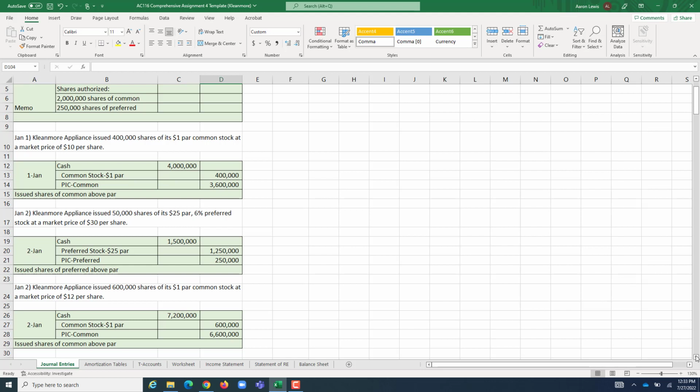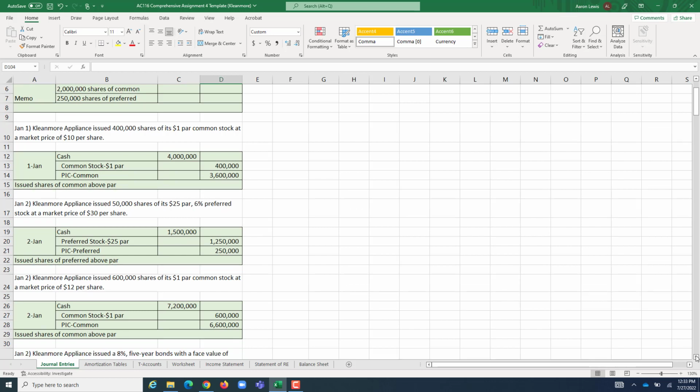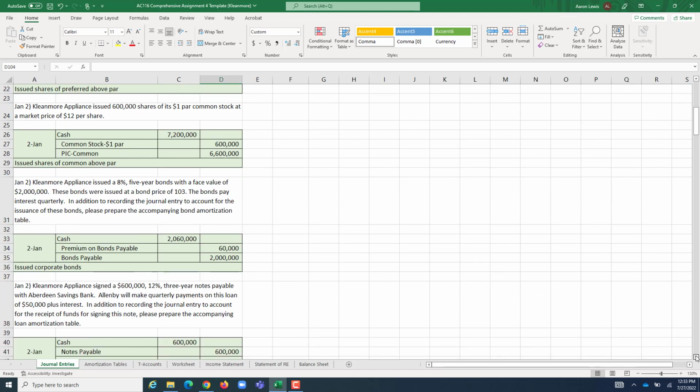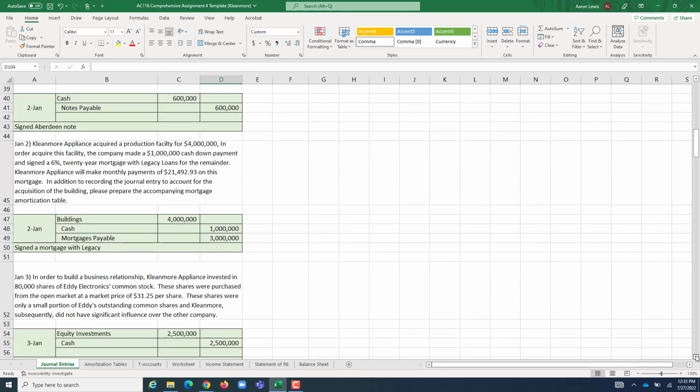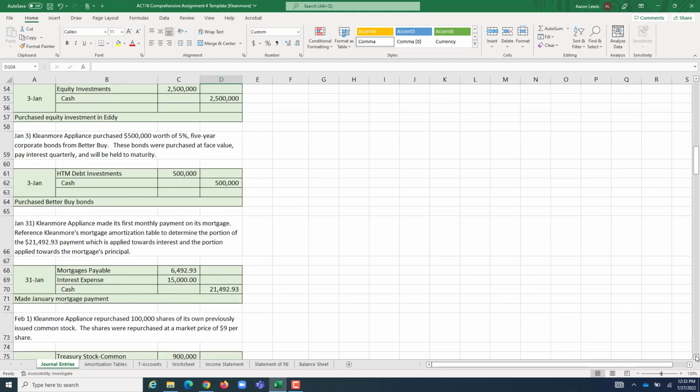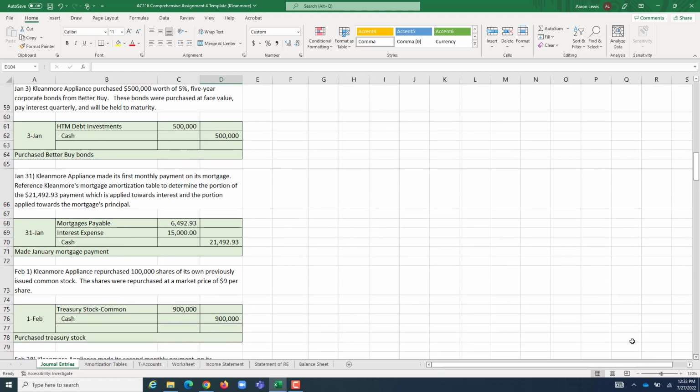We, however, had a couple of transactions related to our own stock where we repurchased some of it and we sold it. So out of those 1 million shares, they're probably not all in the hands of our shareholders right now. Let's scroll down and find our treasury stock transactions. And if we scroll down, we have one here.